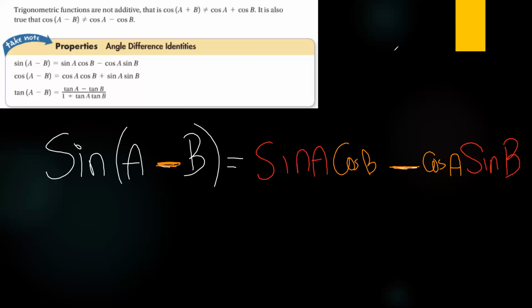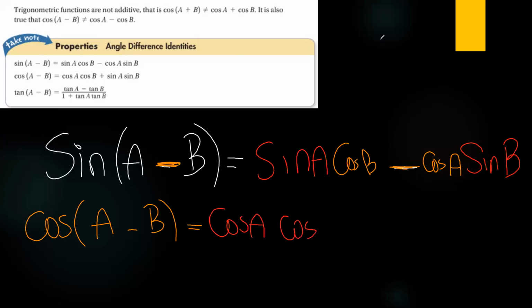Now, let's talk about the cosine. For the cosine, you write the cosine for the first two angles, cosine A cosine B, and then the sine of the two angles, sine A sine B. Remember, as we said before in the negative identities, the cosine and sine are opposite to each other.